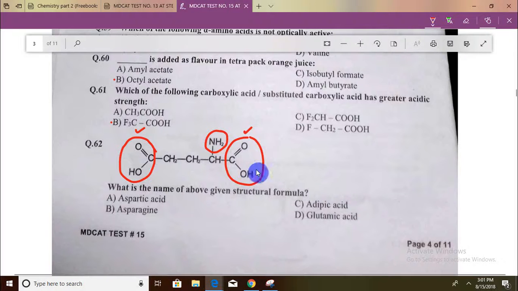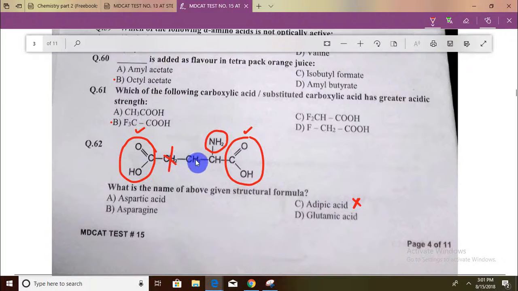So let's see, is it adipic acid? No. Adipic acid is indeed a dicarboxylic acid, but it has 6 carbons in total and it does not have the NH2 portion. So a resounding no. In the case of aspartic acid, this one is extra.